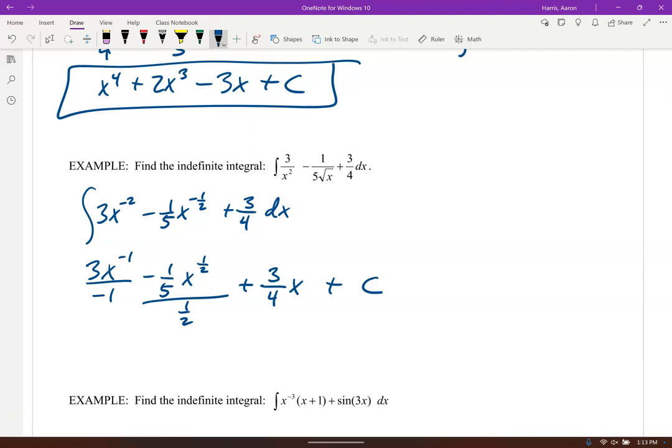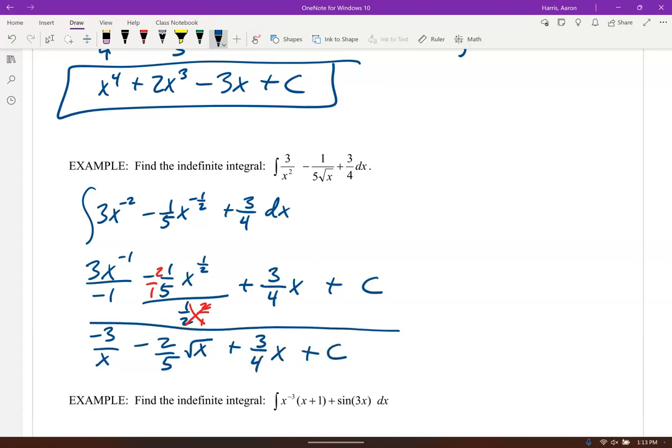So we got negative 3 over x. This is dividing by a half, so times 2 over 1 right there. So minus 2/5 square root of x, to the 1/2, plus 3/4 x, and then plus a constant.